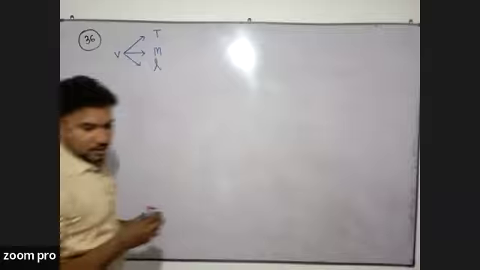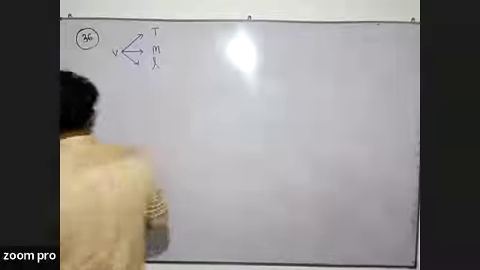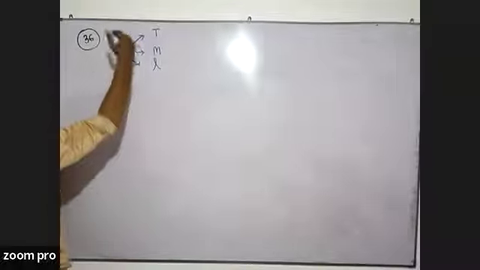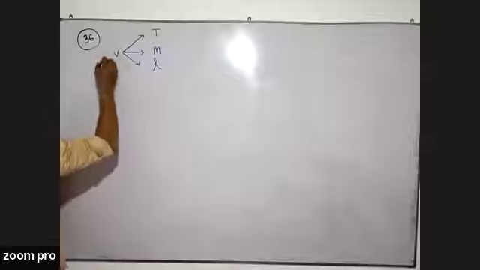Okay. Now, according to the normal procedure, the first step is to build up a relationship between each physical quantity and the velocity.